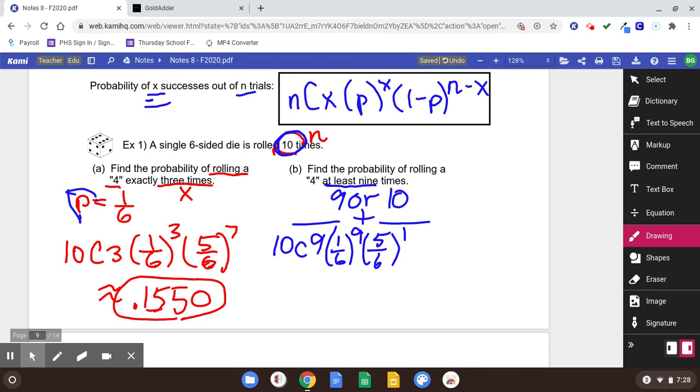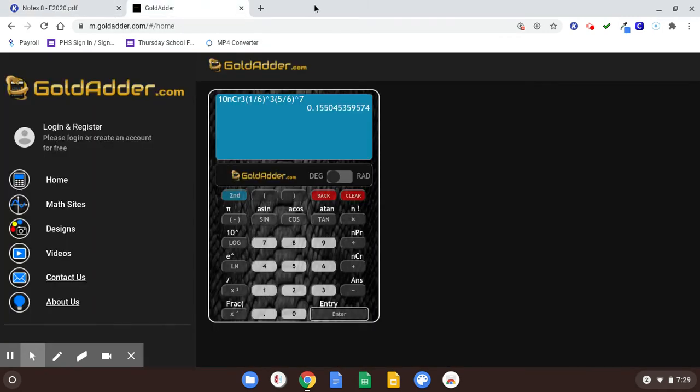Plus we're going to do 10 choose 10, and it's going to have a success 10 times, and so that means there'd be a failure 0 times. Oops, not an nPr, it's an nCr.